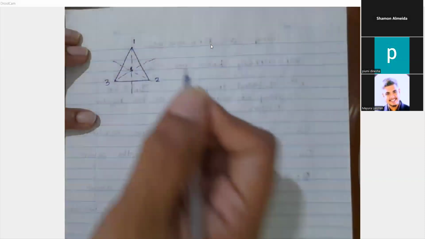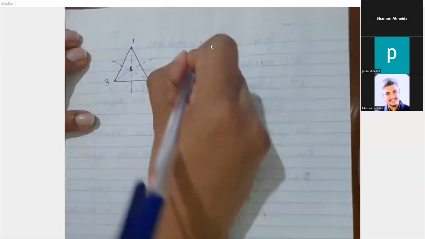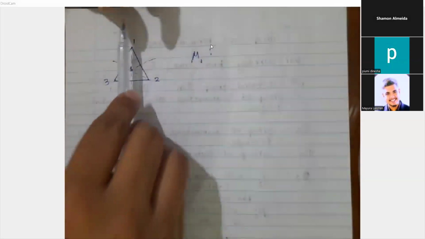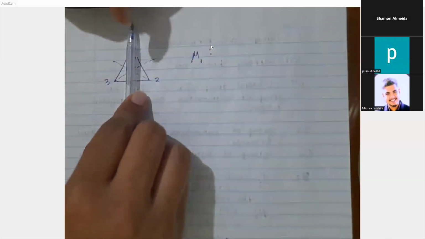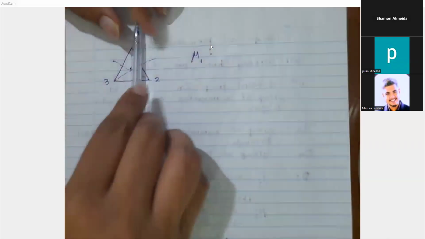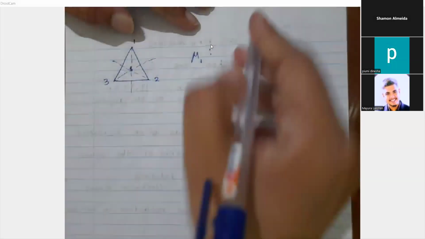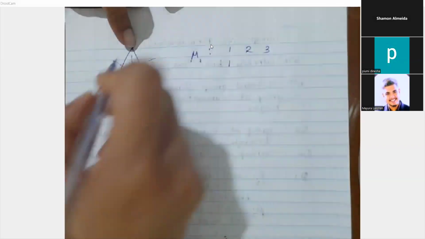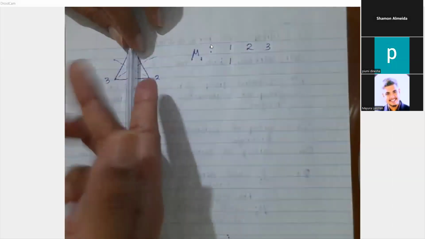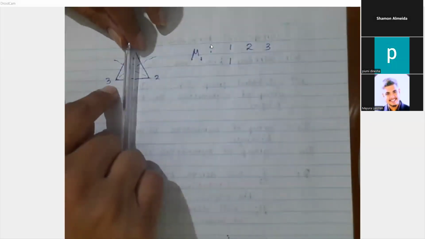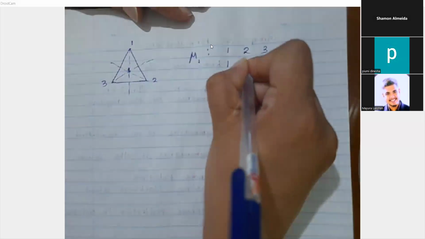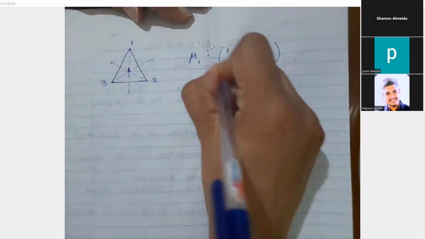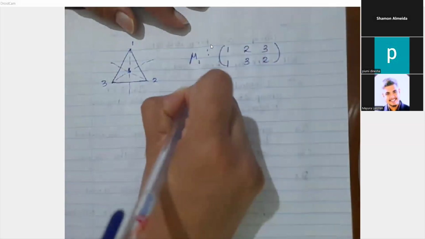This is another, right? Let's take mu1 to be the reflection about this line of symmetry. So you hold a copy over this and reflect it over this line. So you sort of flip it. In that case, 1 will not change. 1 remains the same. 2, however, once you flip this, will go into the place of 3. 2 and 3 will swap their places. Mu1 will be this.